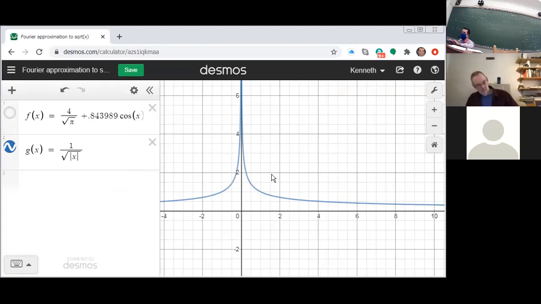So if I take 1 over the square root of absolute value of x, and I look at this on the interval from 0 to 1, so I'll just keep this in words for now. No, I think I did this on the interval from 0 to pi, excuse me. So I looked at the function square root of x on the interval from 0 to pi.